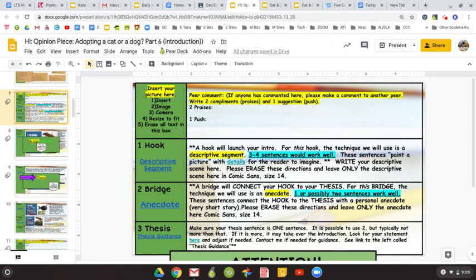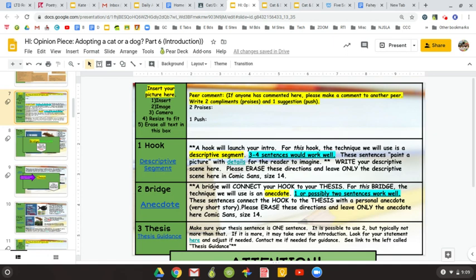Imagine what your life would be if you had this every day after painting a scene of something amazing. So you just want to hook your reader with a descriptive scene, but then connect it in a way. It can be a way in which you have the reader imagine it to be true, or you can relate your own experience as well, but a short story, and then go into your thesis.